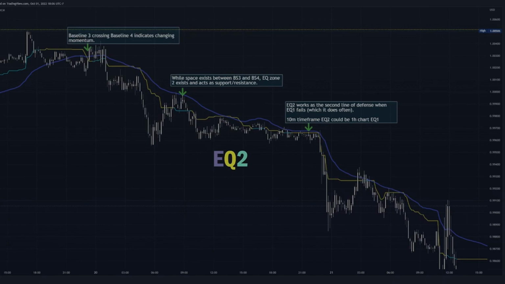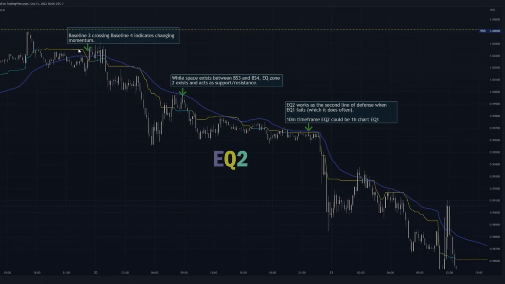But when it comes to EQ zone 2 and 3, these are much longer periods for the EMA. So even on a 15-minute time frame, it's going to have more weight than just EQ zone 1 flipping over.